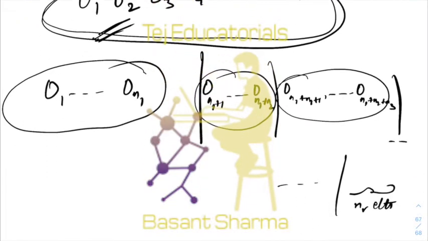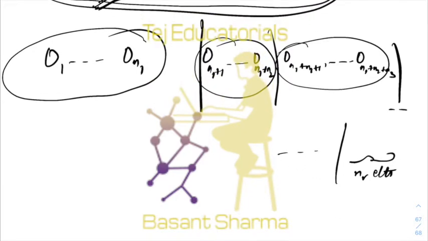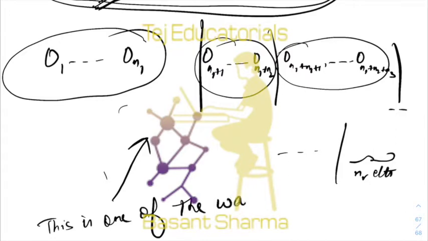Now you see, if you consider any particular arrangement, and you throw that arrangement at this partition box, this is one of the groupings, one of the ways of grouping.